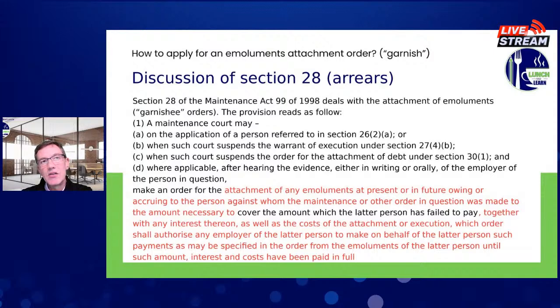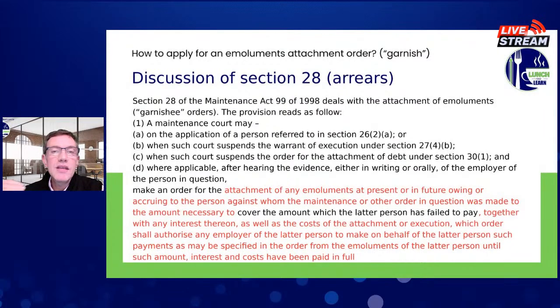And Section 28 deals specifically with the attachment of emoluments, or the garnish, where the provision reads as follows: a maintenance court may, upon application of a person referred to in Section 26, that's the complainant, or when a court suspends the warrant of execution or suspends the order for attachment of debt, where applicable, and after hearing possible evidence, either in writing or orally, of the employer of that person in question, make an order for the attachment of emoluments at present or in future owing.